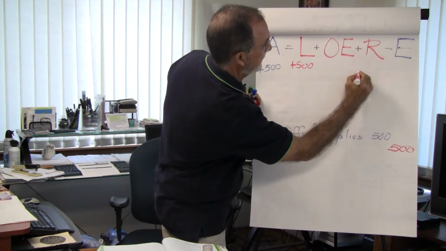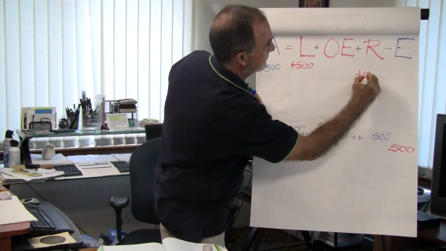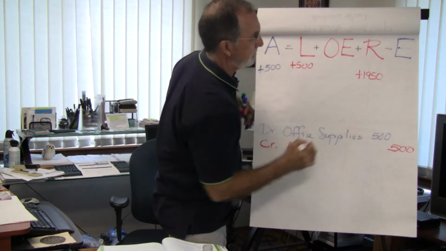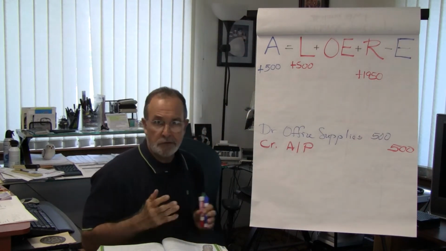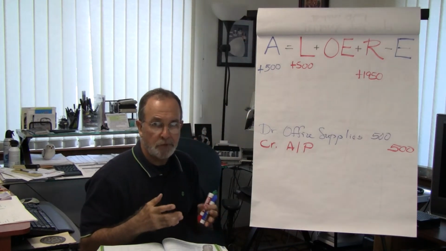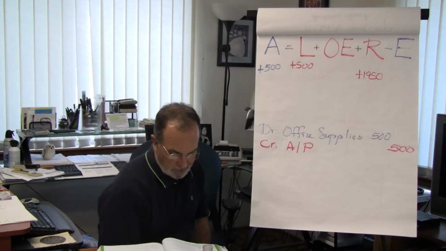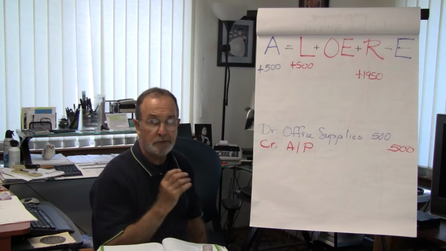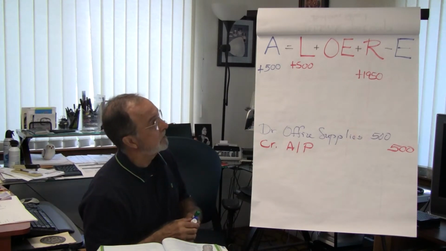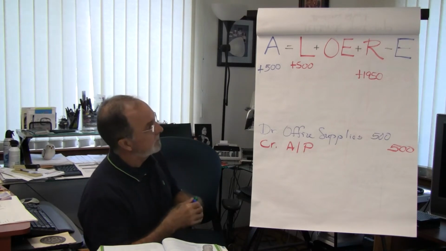So we're going to add under revenues 1,950. And the question is, did we receive cash or will we be paid later? And it looks like we billed the United Way, so they're going to pay us at a later date, probably next month or at some later date.